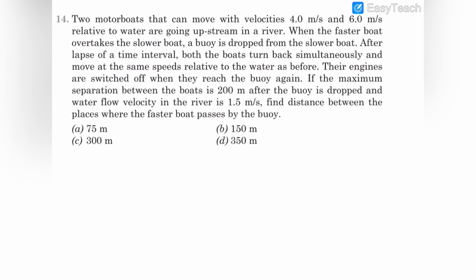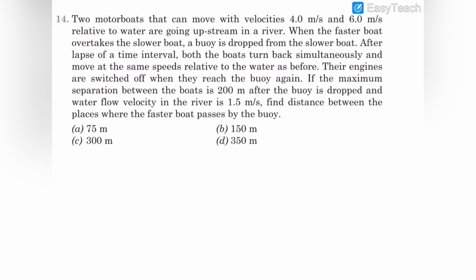A buoy is a floating object, and after some time they both turn back simultaneously and move in the same direction relative to the water. Their engines were switched off when they reached the buoy again, and the maximum separation between the boats is 200 meters after the buoy was dropped. Now the river velocity is 1.5 meters per second, and we have to find the distance between those two points at which the faster boat passes the buoy.